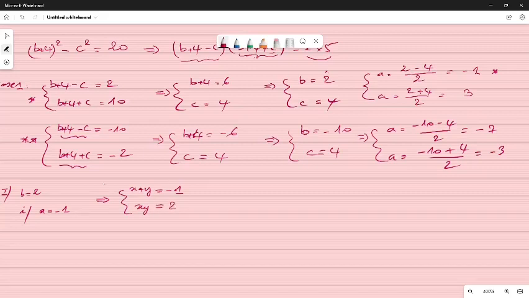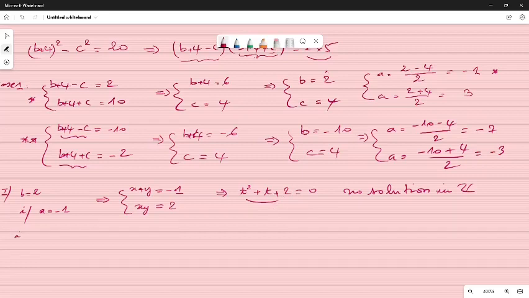So x and y are solutions to this quadratic, t squared plus t plus 2 equals 0, and this quadratic has no solution in Z, and even in R it doesn't have a solution.